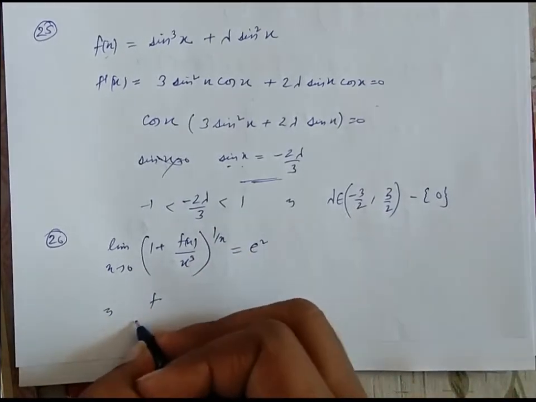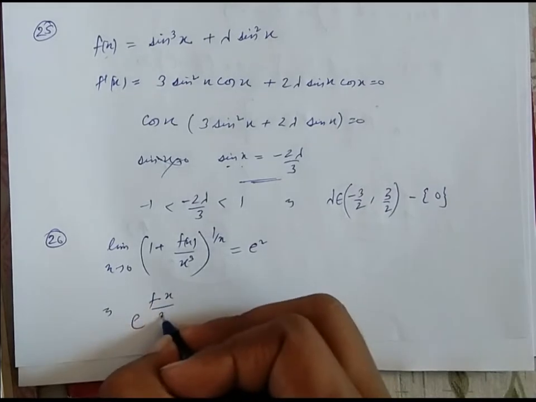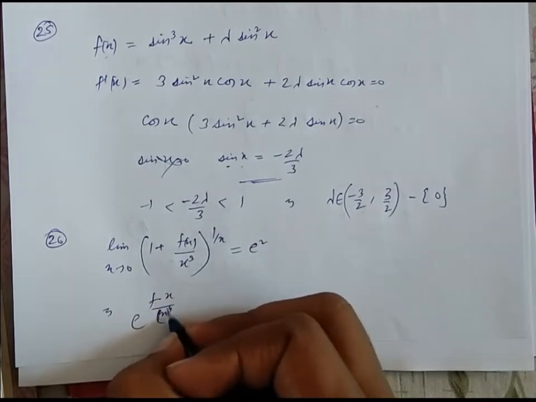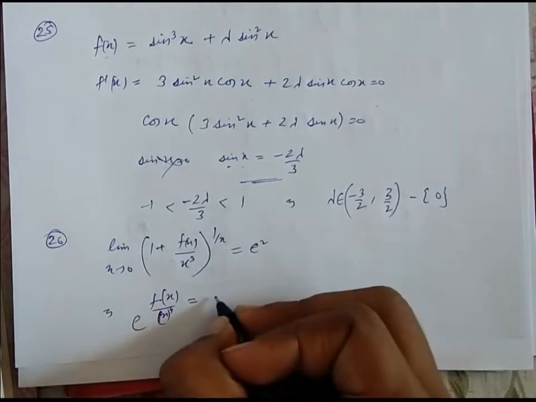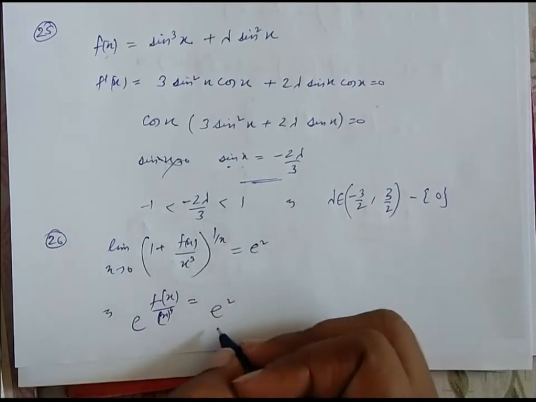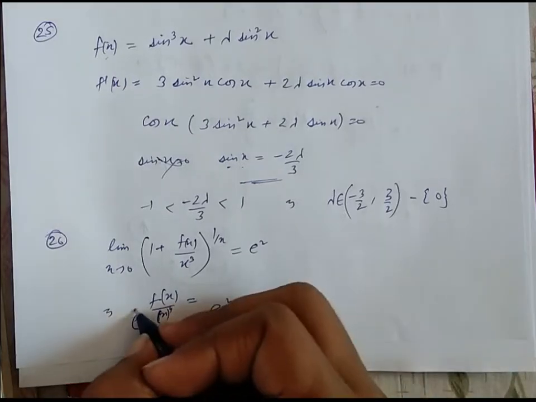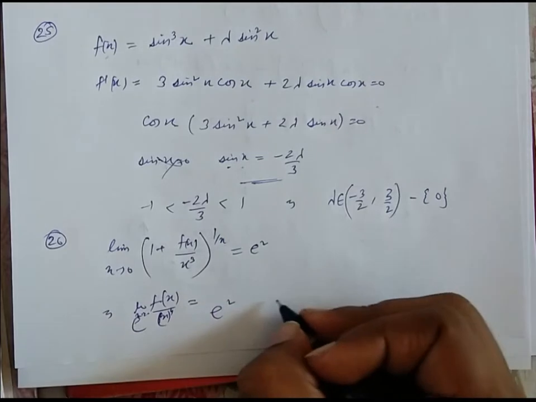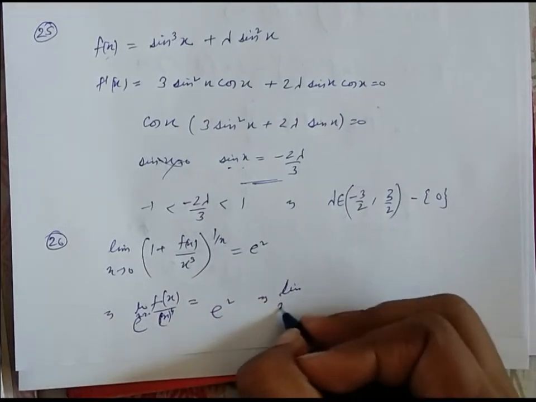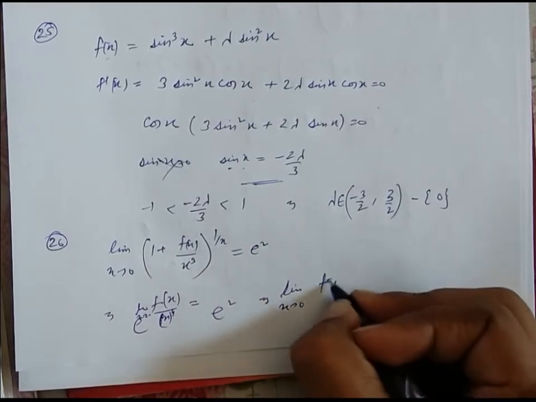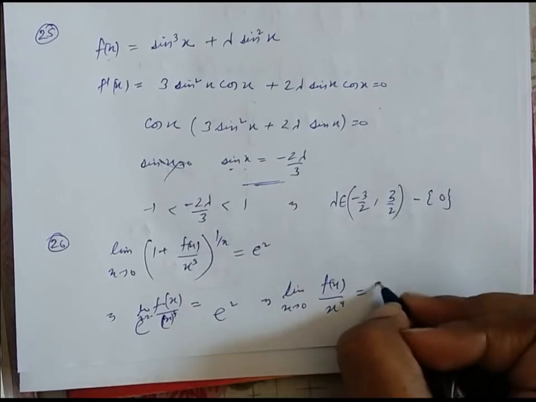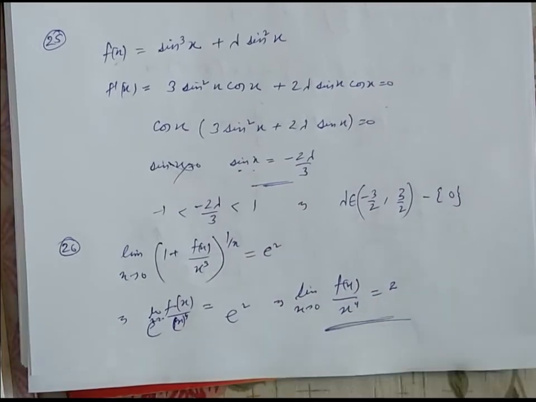Hence e power fx upon x power 4 should be equal to e square, limit x tends to 0. So this implies limit x tends to 0 of fx upon x power 4 should be equal to 2. Okay.